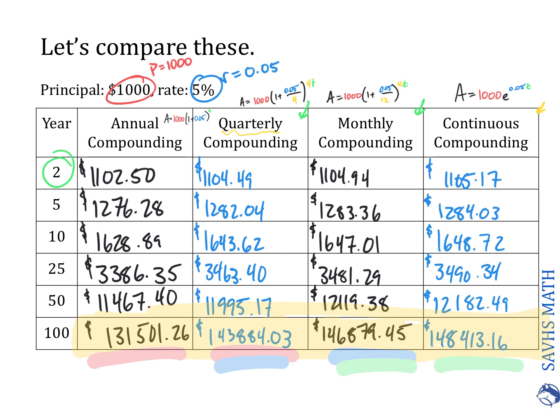And over 100 years, a difference of $3,000 is not that much.